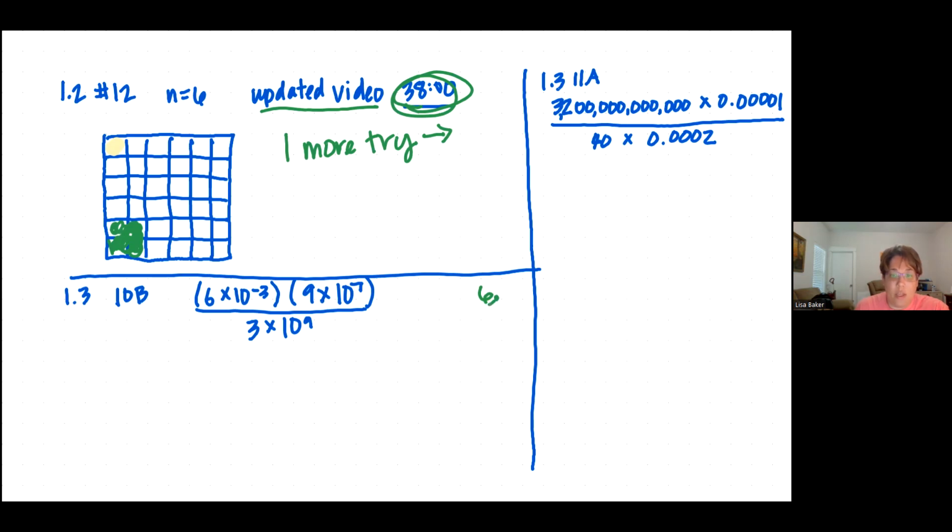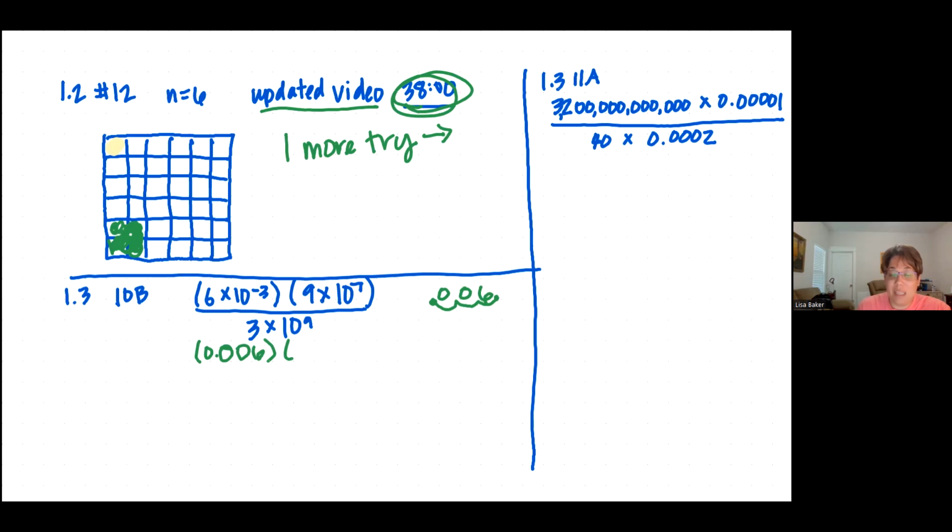I'm going to move it 1, 2, 3. So there's my number, 0.006. I'm going to write that down here, 0.006.